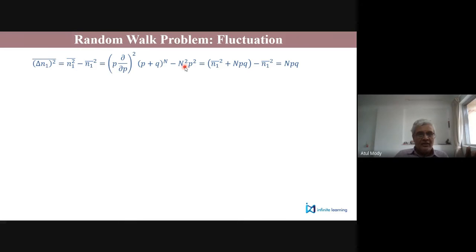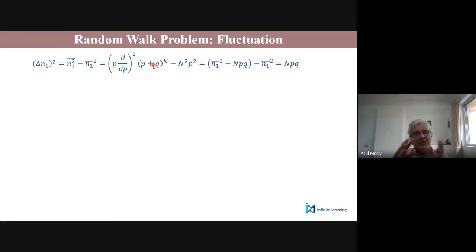Right. And then if you take this P plus Q raised to N and you operate it twice, that will be N1 bar square plus NPQ. आप दो बार डिफरेंशिएट करके देख लीजिए. First differentiation will give you n times P plus Q raised to N minus 1.